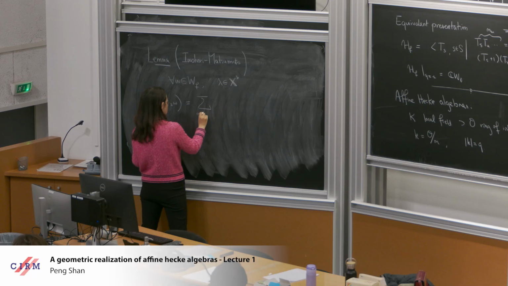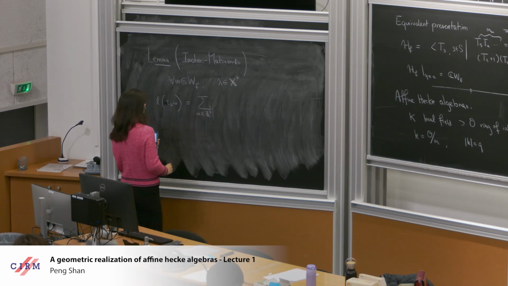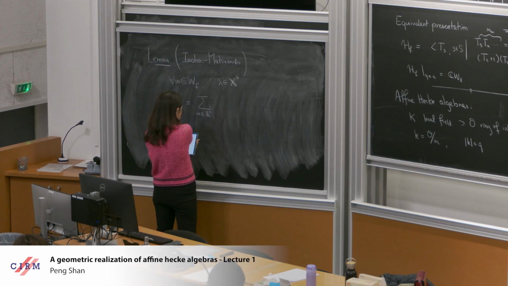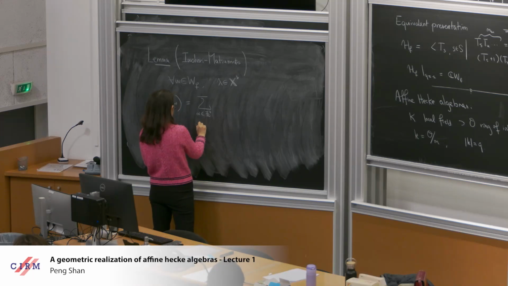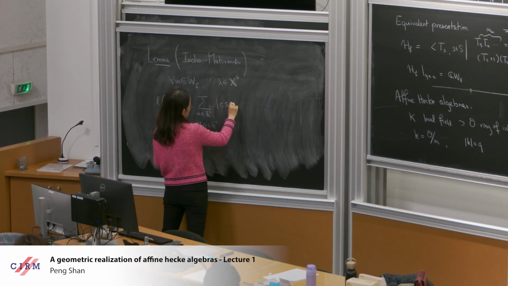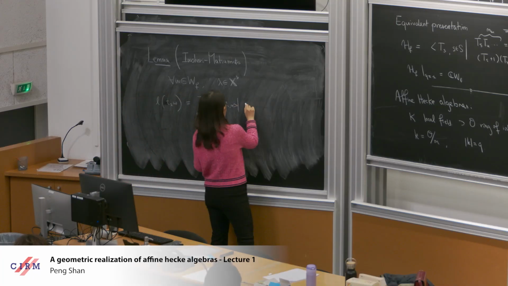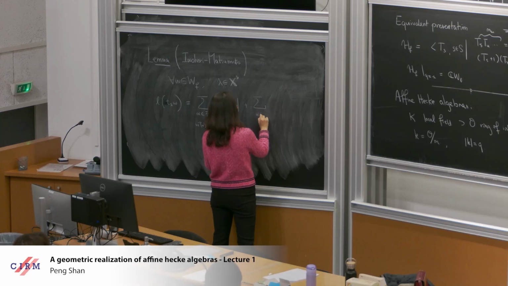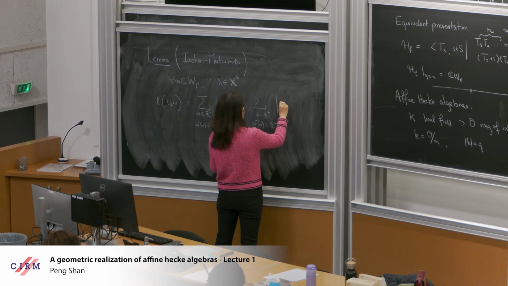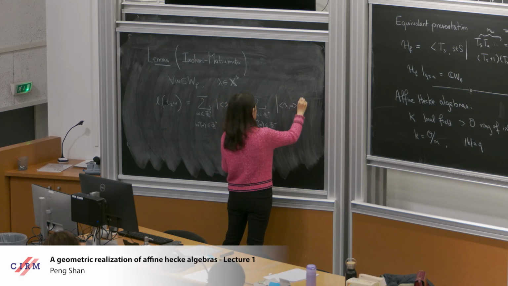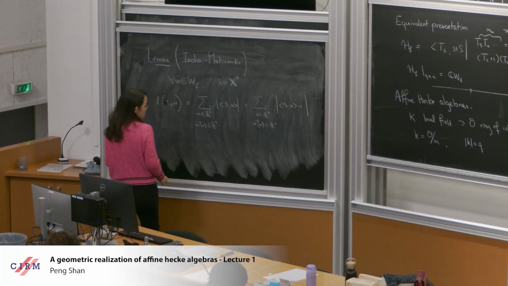It's a sum running over positive roots alpha such that w inverse of alpha is also positive. If alpha is in this case, then you take the pairing between lambda and alpha, you get an integer, and you take the absolute value of that. On the contrary, if you have a positive root which w inverse makes negative, then here you take the pairing of lambda and alpha minus 1.